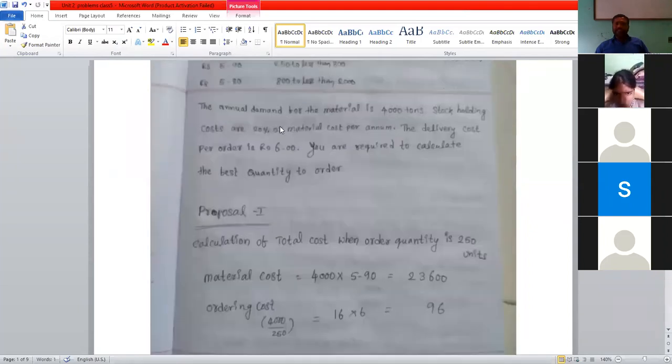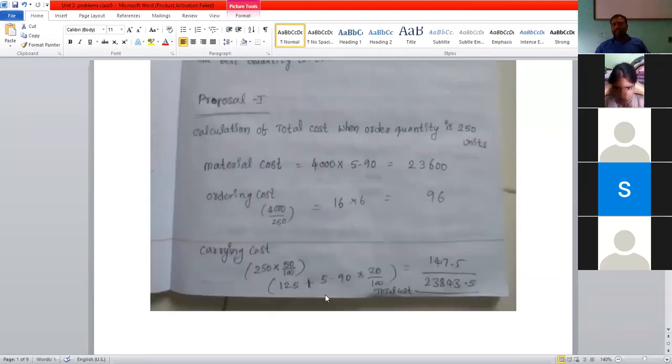Whenever we calculate I, the carrying cost per unit per year, we multiply as in the previous sums, and similarly here. So it is 125 into 5 rupees 90 paise into 20%. By doing this, you will get 147.50 paise.